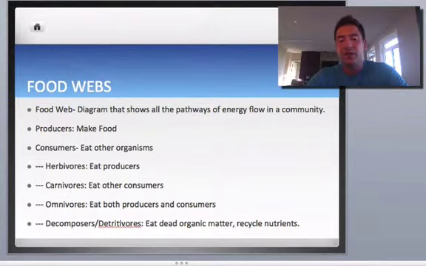And then we have decomposers or detritivores. Basically, they eat dead organic matter and recycle nutrients, because inside organisms and matter we have a collection of nutrients, organic and inorganic, like carbon, which is organic, and calcium and magnesium, which are inorganic.